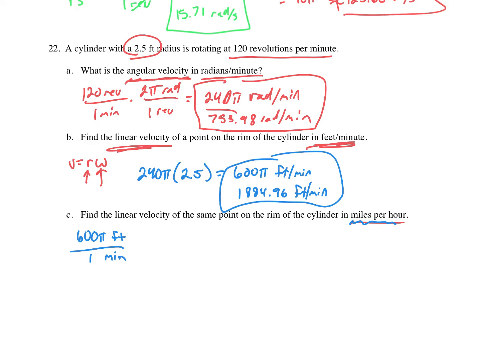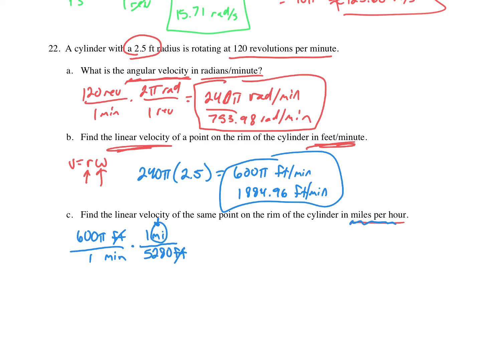We need to get the feet into miles, and we need to get the minutes into hours. So to get feet into miles, we can multiply by our conversion factor of 1 mile is 5,280 feet. And I put the feet on the bottom so that they would cancel with the feet that are on the top. Now our answer is in miles per minute.